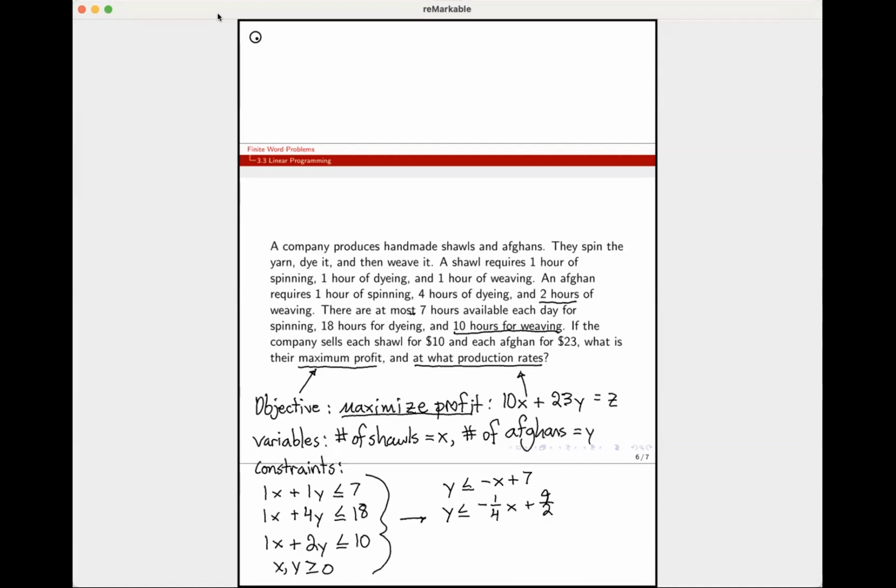All right, and then on my third equation, I'll subtract x and divide by 2. So that gives me negative 1/2 x. And then 10 divided by 2 is 5, so I've got a plus 5. And then my other two equations are already in the correct form. Okay, so those are the equations that I'm dealing with.